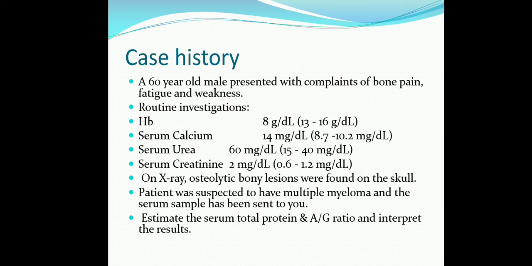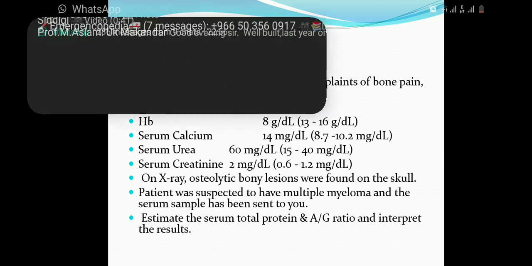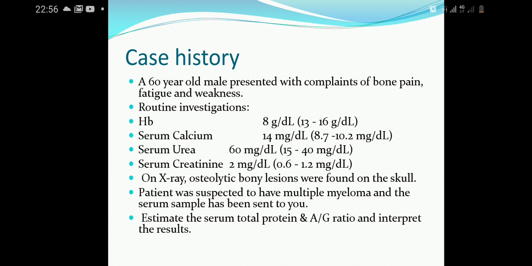The patient was suspected to have multiple myeloma and the serum sample was sent to the laboratory. Estimate the serum total protein and AG ratio and interpret the results. Thank you.